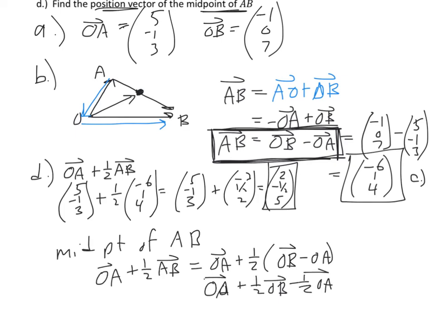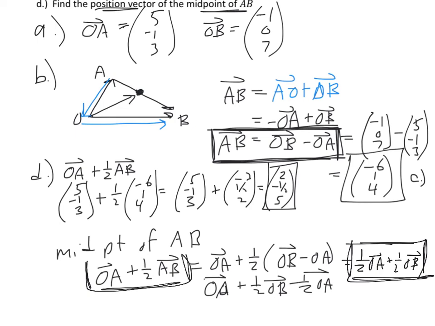If I have a full OA and I'm subtracting 1/2 of an OA, don't I just have 1/2 of an OA? So you can say that the midpoint is 1/2 of OA plus 1/2 of OB. This is another cool fact to memorize: if you ever want to find the midpoint, you can just add together half of each of the components. So if you'd like to add that to the bottom of your notes, you can.